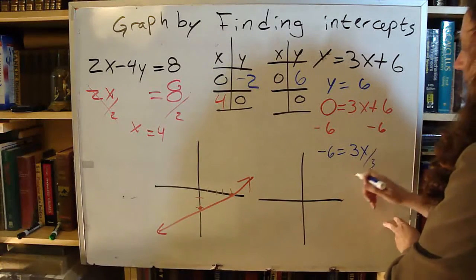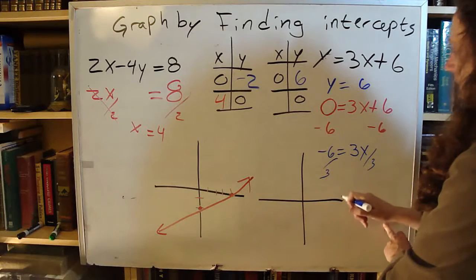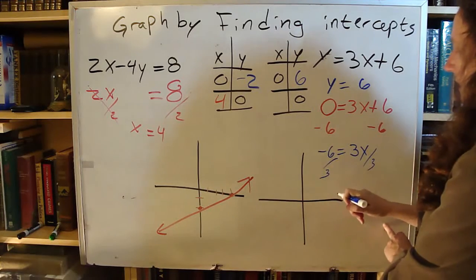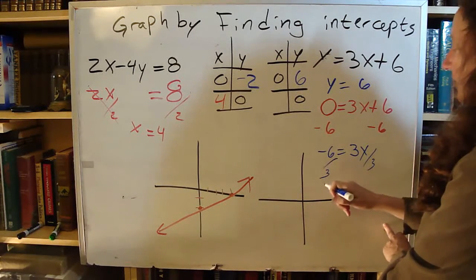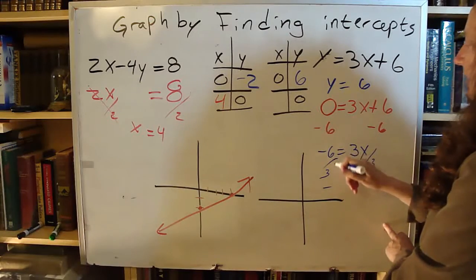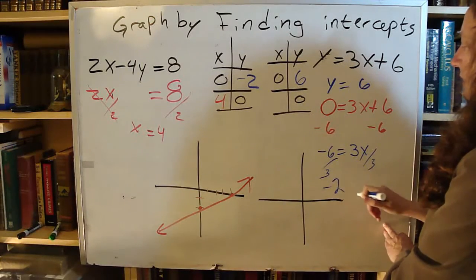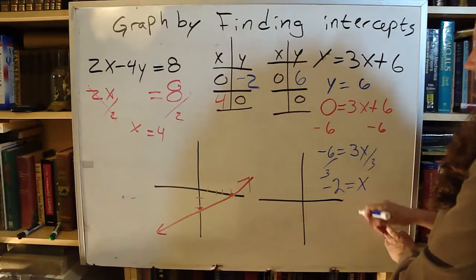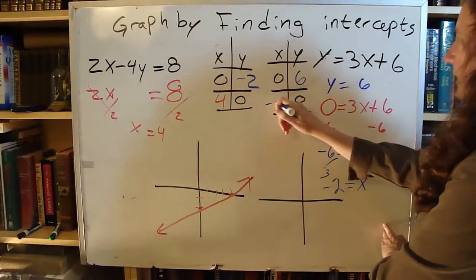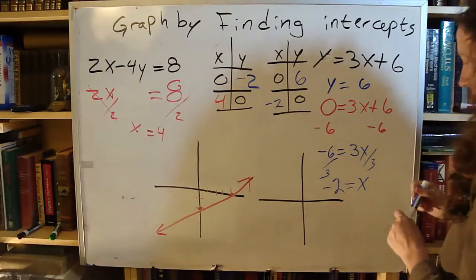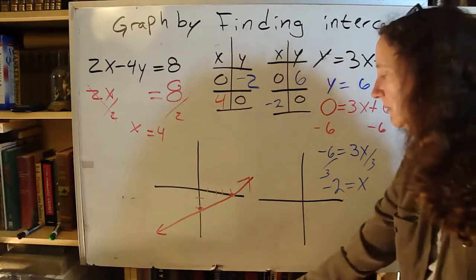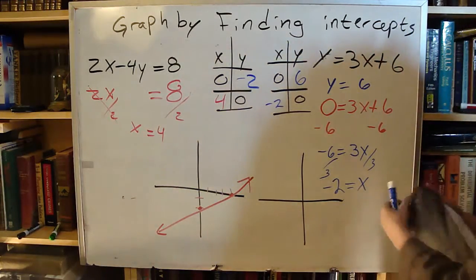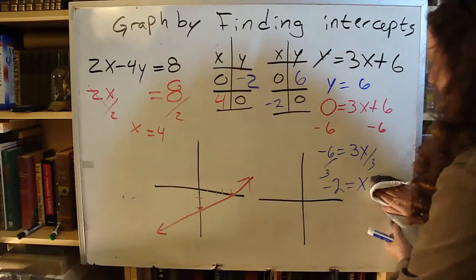I divide out the 3. Negative divide by positive is negative. 6 divide 3 is 2. The 3 cancels the 3 over here, and I have just the x. So I have a negative 2 for my answer. I need to make room here.